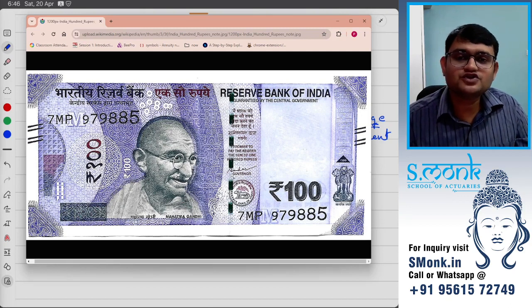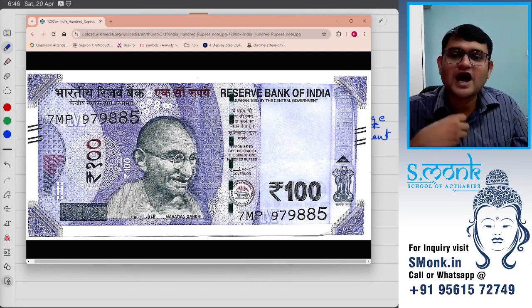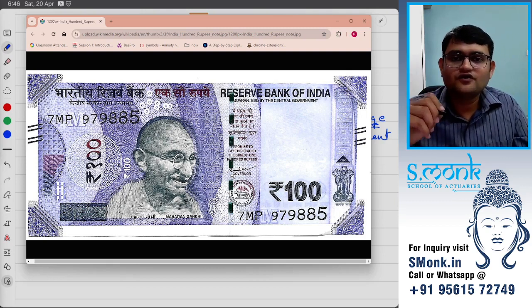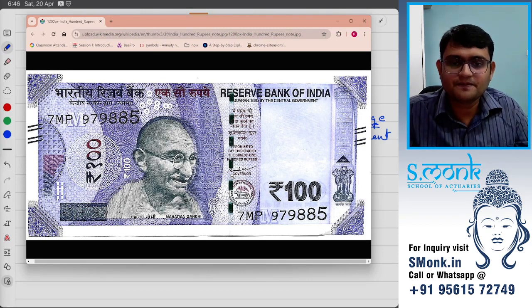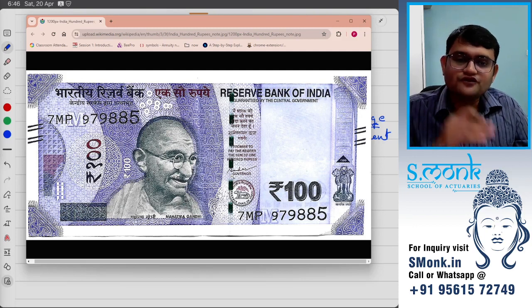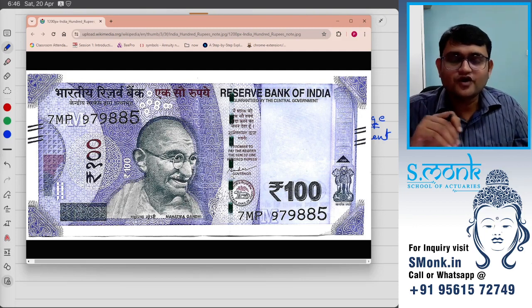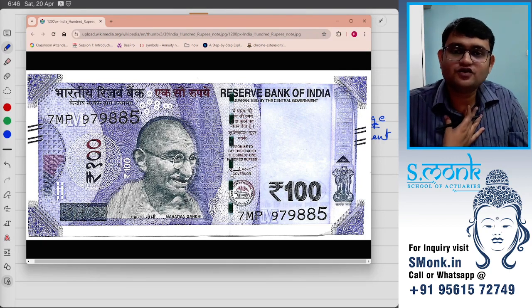So any piece of paper that has a promise will be called a promissory note. If I give you a piece of paper writing, I will give you 500 rupees, and I sign my name, and if you believe in me and a third person believes in me, for us it's legal currency, because I have promised to give you 500 rupees.